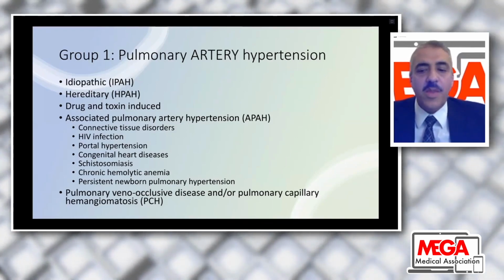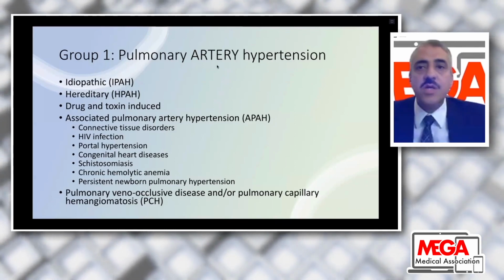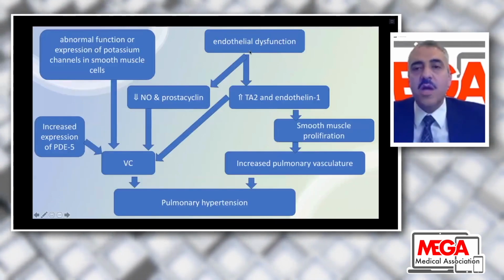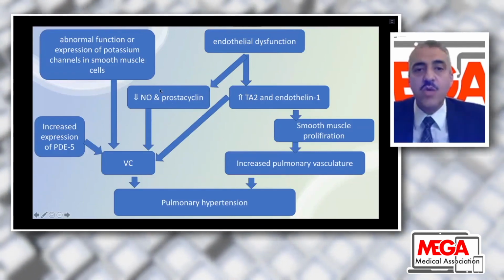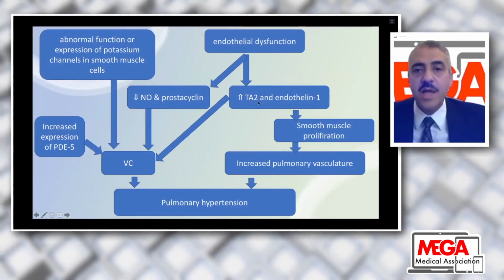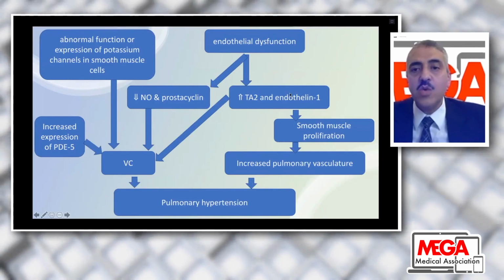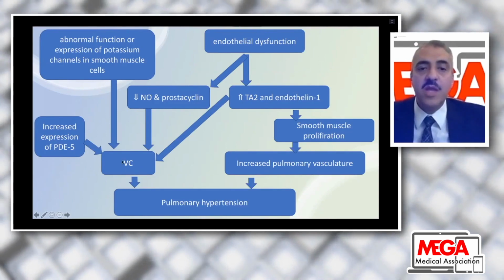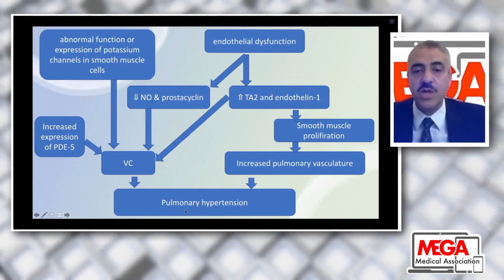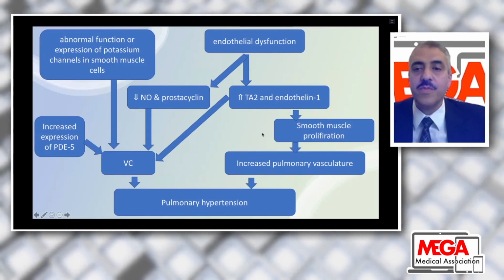The pathophysiology starts, as you can see, with endothelial dysfunction, as we said. Endothelial dysfunction ends with an imbalance between the vasodilators, nitric oxide and prostacyclin, and the vasoconstrictors, thromboxane A2 and endothelin 1. This imbalance ends with vasoconstriction and pulmonary hypertension.